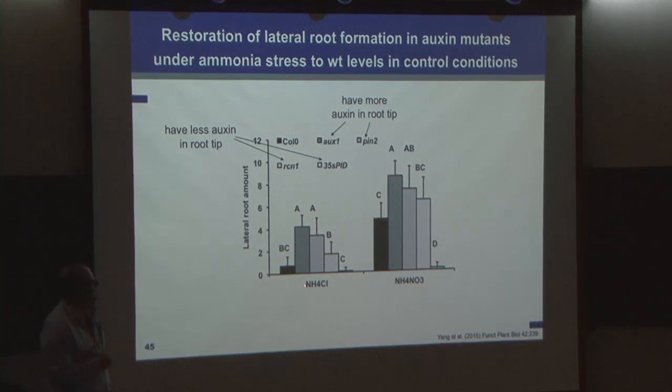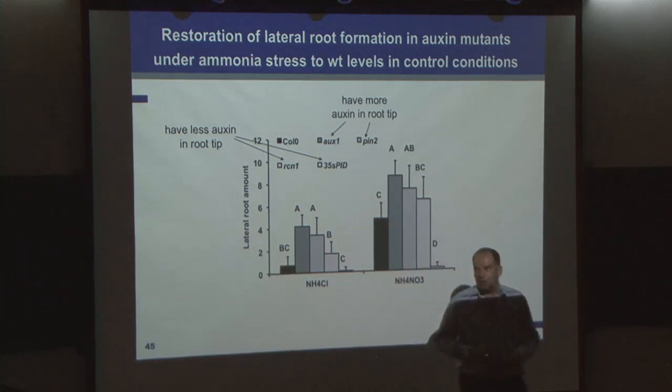When we put them on ammonium, which reduces the auxin transport from the shoot to the root, we get the same amount of laterals as wild type under ammonium nitrate conditions. And overall lateral root amounts are decreased in mutants where there is less auxin anyhow.